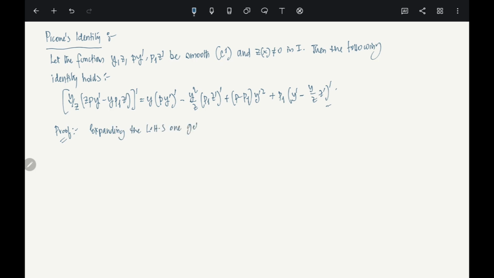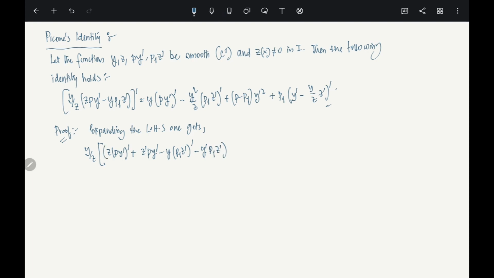one gets y by z, right? Z p y prime whole prime plus z prime p y prime, minus y p1 z prime whole prime minus y prime p1 z prime. This is what we are getting.